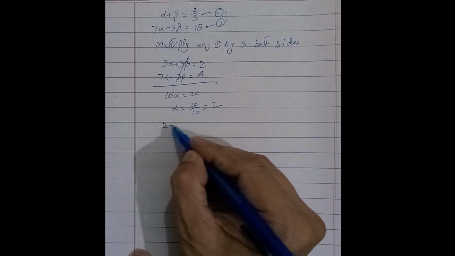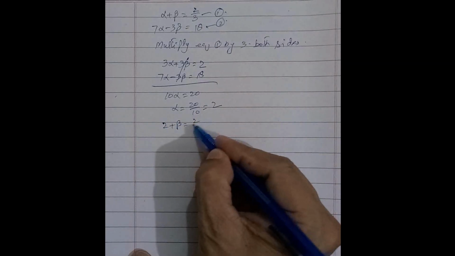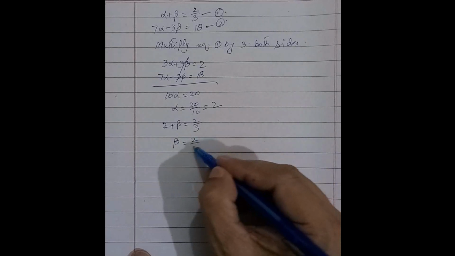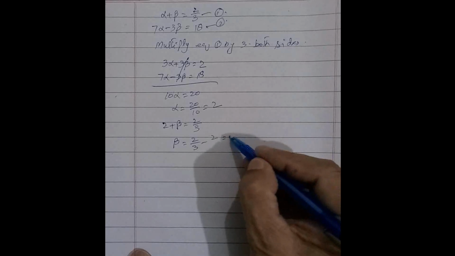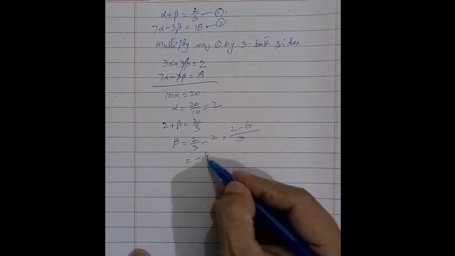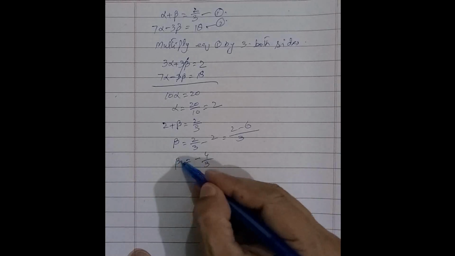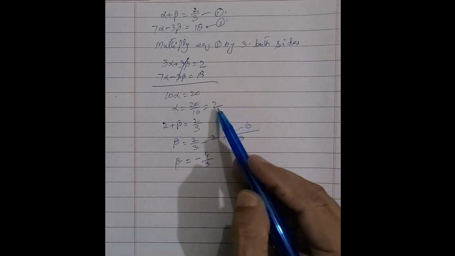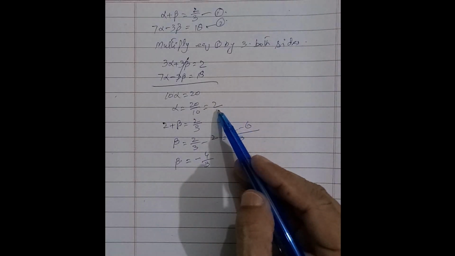Alpha is 2 plus beta is equal to 2 over 3. So we find the value of beta, which is 2 over 3 minus 2, 2 minus 6 over 3 is equal to minus 4 over 3. The value of beta is equal to minus 4 over 3, while the value of alpha is equal to 2.